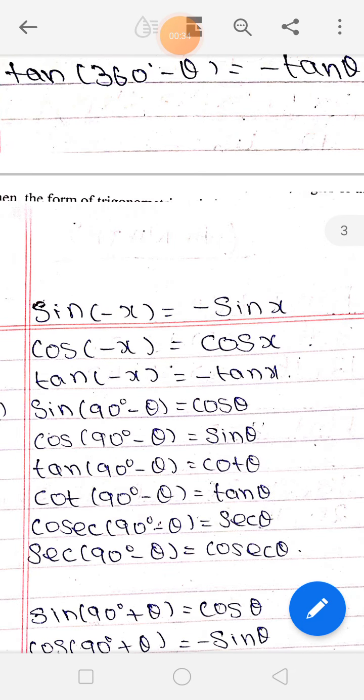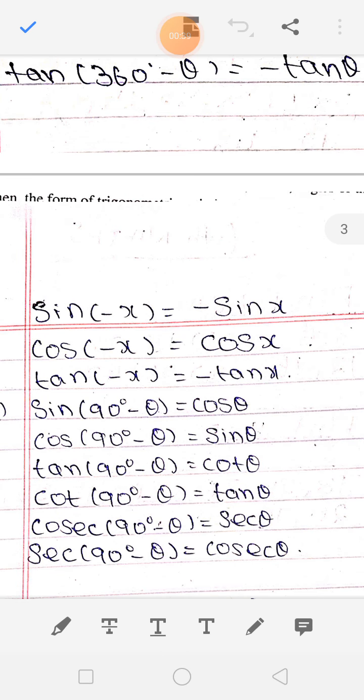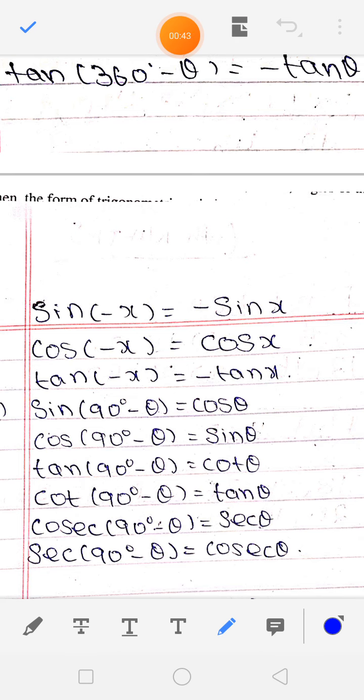First of all, we usually know this one: sine of minus x or minus theta is equal to minus sine x. This is one property.